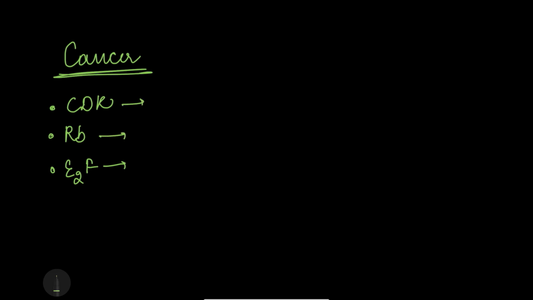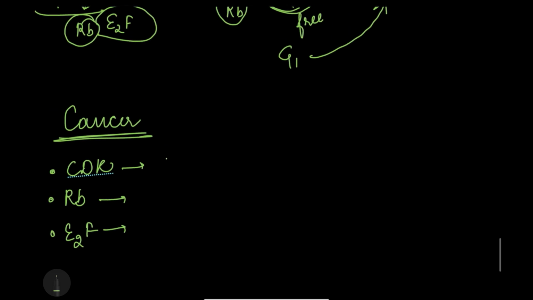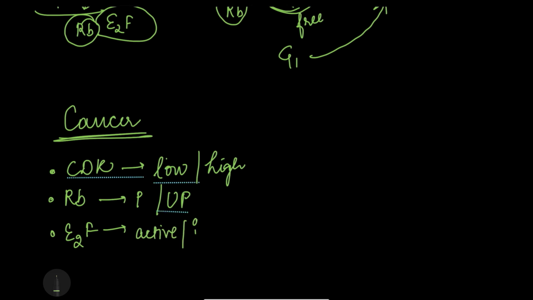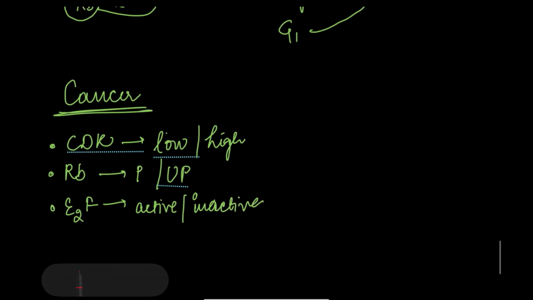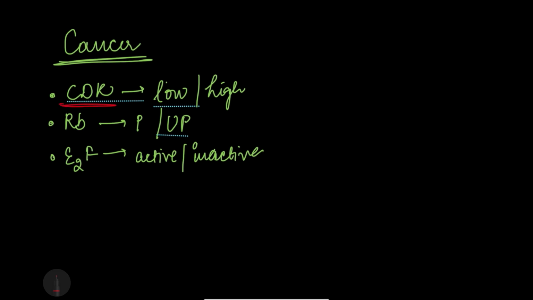Okay, so if you tell me whether the level of CDK should be low or high, whether RB protein should be phosphorylated or unphosphorylated, and whether E2F should be active or inactive, right? You can pause the video and if you wish you can mention it in the comment section. Now let's discuss. The level of CDK should be high, right?